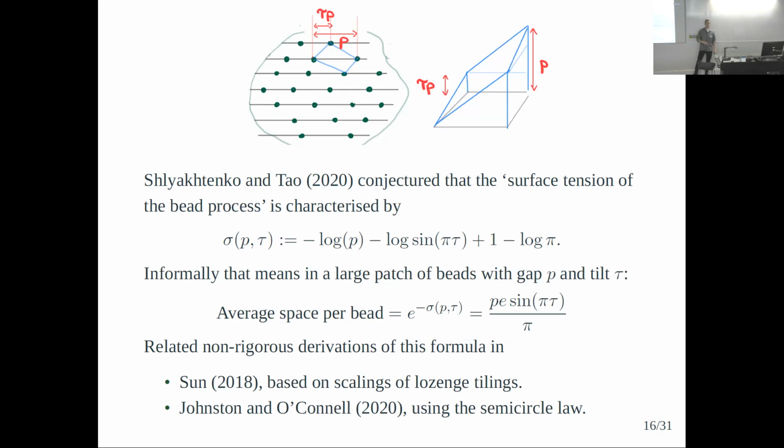Some gave an argument based on statistical physics, using arguments surrounding Legendre duality and lozenge tilings, and in some also non-rigorous work with Neil O'Connell, we used a sort of bootstrapping argument from random matrix theory to guess at this formula, but up to a non-explicit constant there.